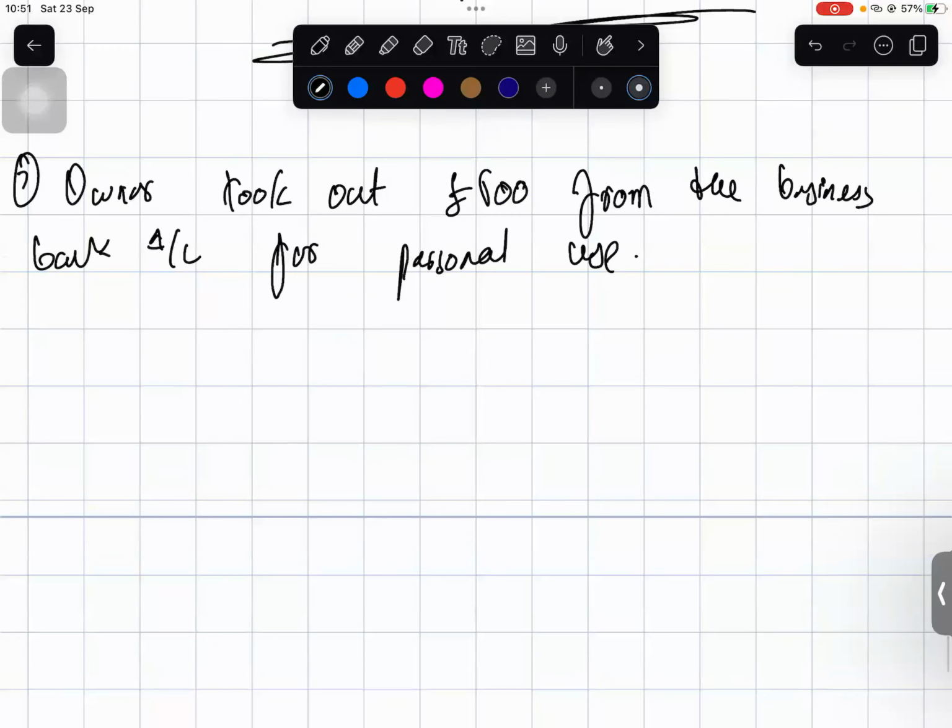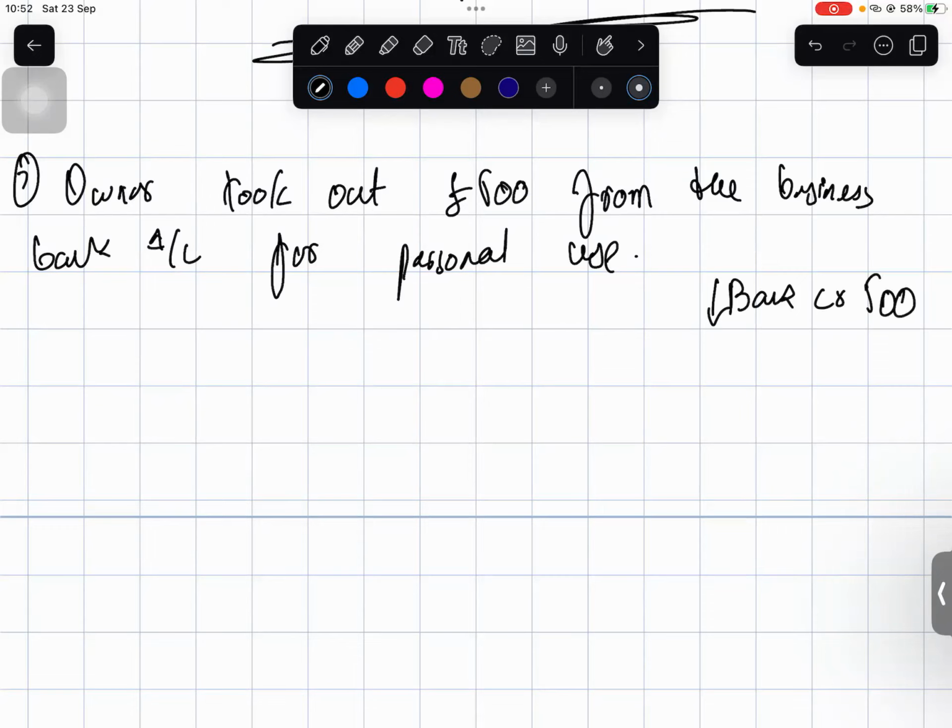Okay, here Emily, what are we doing here? So first the bank account's decreasing, so you credit the bank for 500, and the drawings increase, so you debit 500.